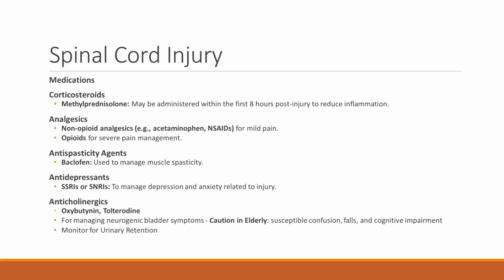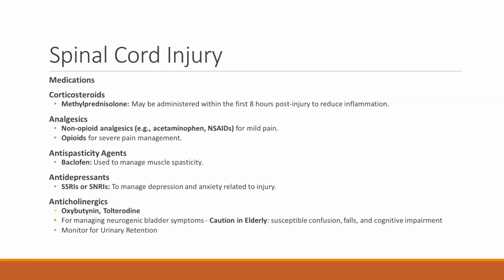Anticholinergics. So typically when we're talking about an anticholinergic, we're talking about atropine. But notice we still have medications that end in the IN or the INE. These medications are going to be used for the management of neurogenic bladder.